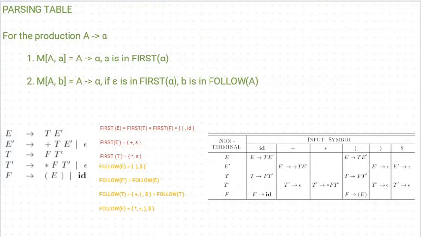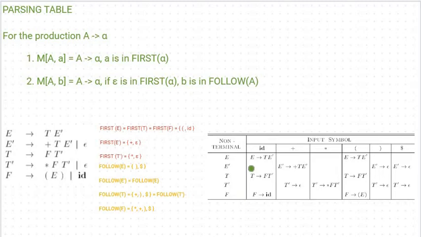Okay, so this is how you have to construct the parsing table. Now with the help of this parsing table, the predictive parser can validate whether the input string is with proper syntax or not. The predictive parser will be using this parsing table along with a stack to validate the given input string.